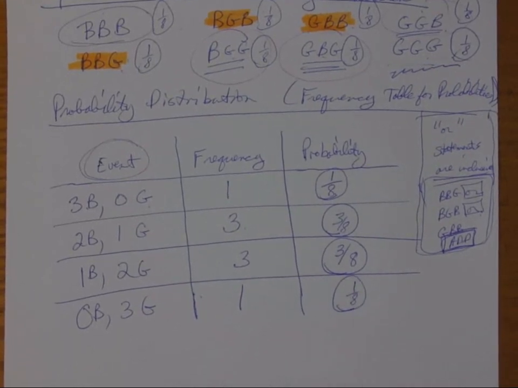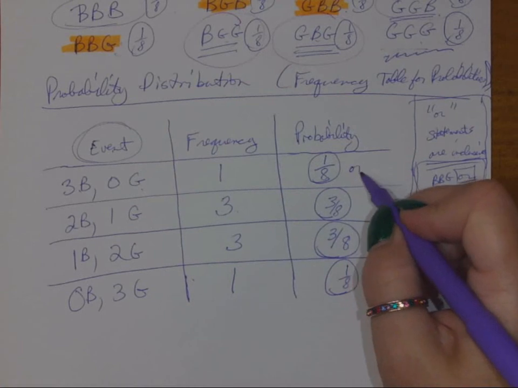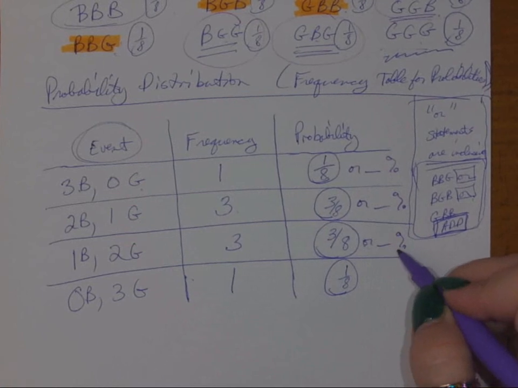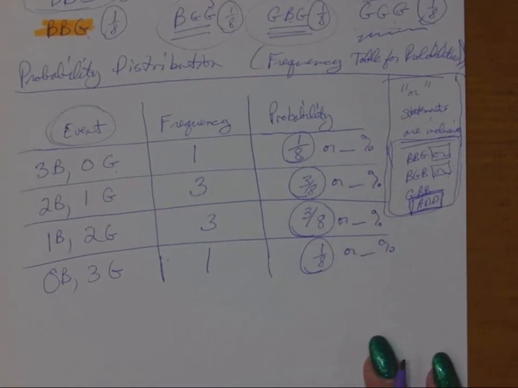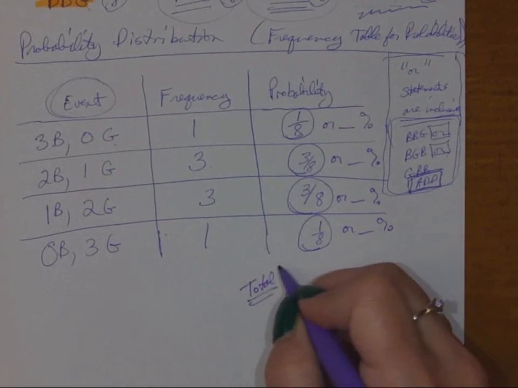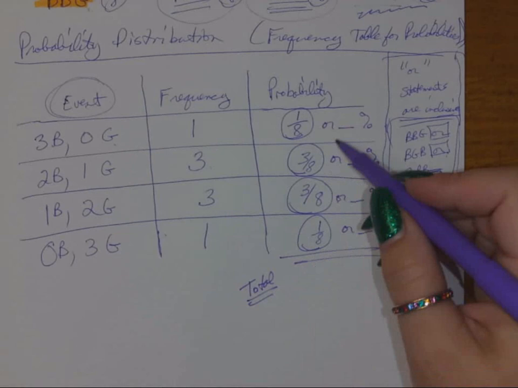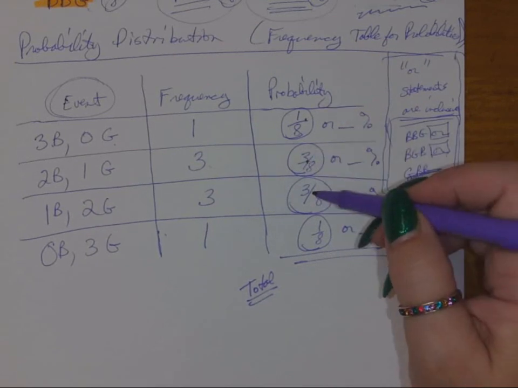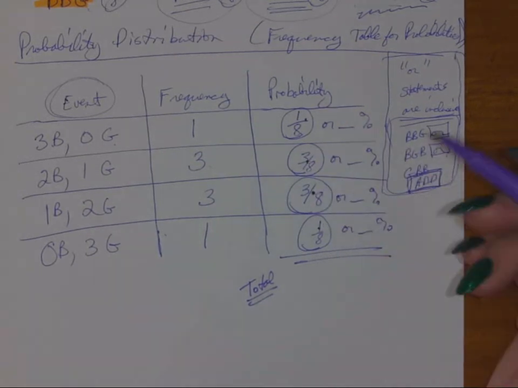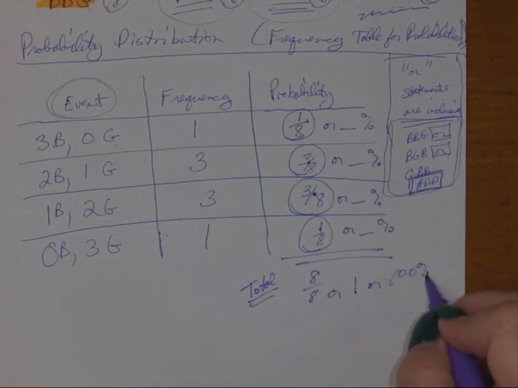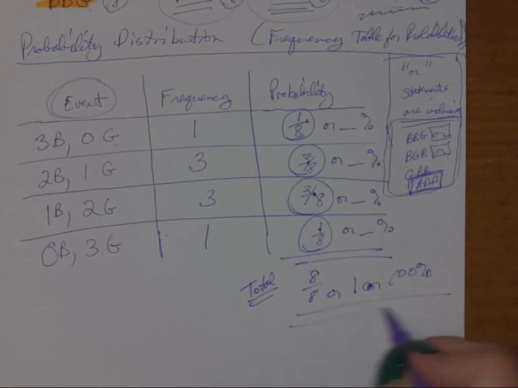If I've done everything correctly, you can figure out this percentage or that percentage and all that. I'm just going to leave these as fractions, but you can totally figure out their percentage. But if I've done this correctly, then down here at the bottom, I should be able to do a total. Whenever I finish, I'll have 1/8 plus 3/8, that's 4/8, plus 3/8, that's 7/8, plus 1/8, that's 8/8, or 1, or we know 100%, if we had changed that into percentages.